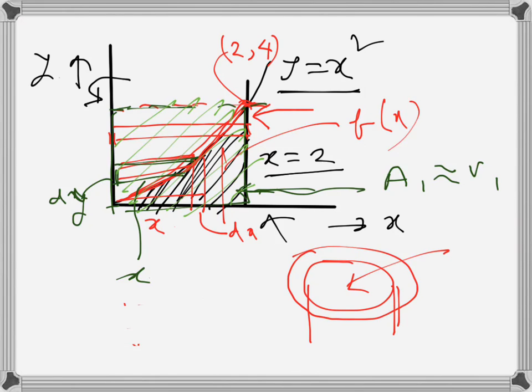The area enclosed by just the parabola is A2, with corresponding volume V2.